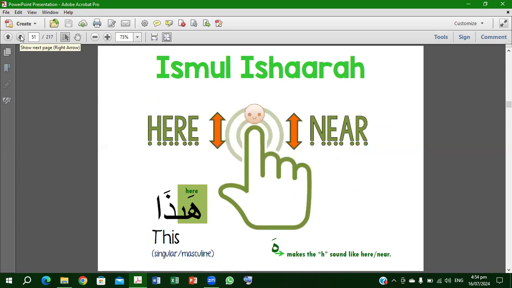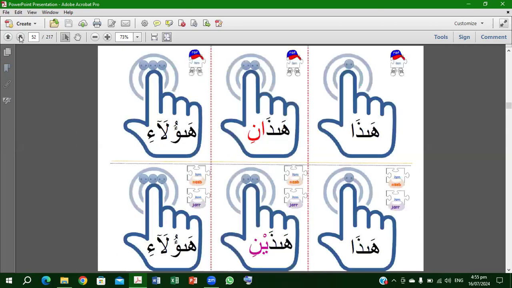Okay, so when we say pointing, there can be pointing to the nearby things and pointing to the far away things. Okay, so if it is pointing towards nearby things, it is here. So near things are here. The word used for near things is hada. Hada means this, and this is for singular masculine. If it is a singular masculine thing, then we use hada.